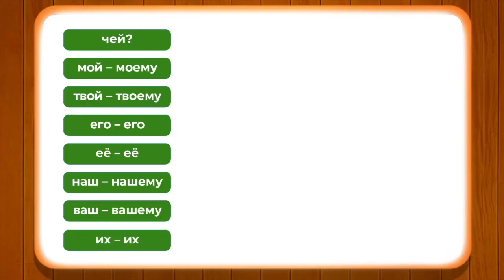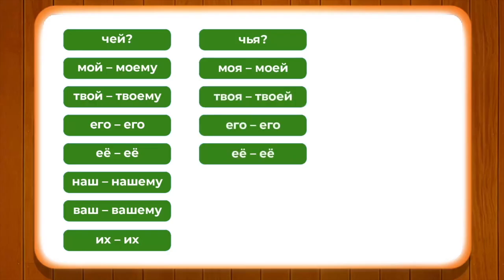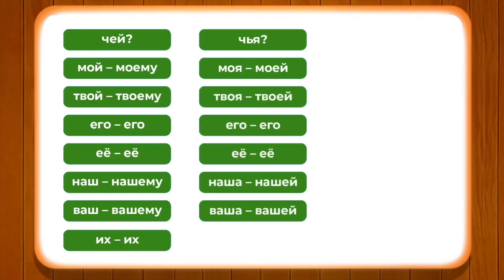In dative, the same possessive pronoun would change into moemu, tvoemu, yego, yeyo, nashemu, vashemu and ikh. So ikh remains the same; the rest of the possessive pronouns change except ikh, yego and yeyo.